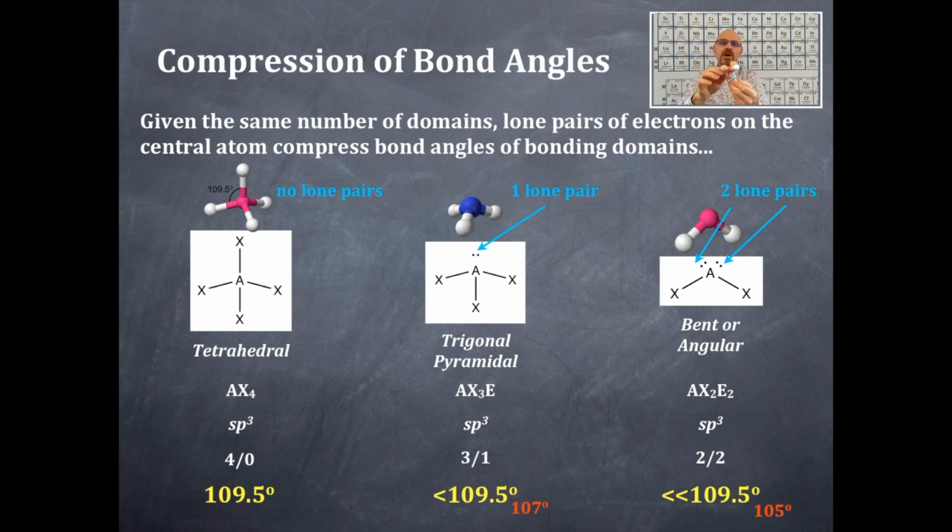That is, they are not localized between 2 atoms. And that really helps to understand why there's a compression of the bond angle, because these are spread out, consuming a lot of space, and it compresses this bond angle.